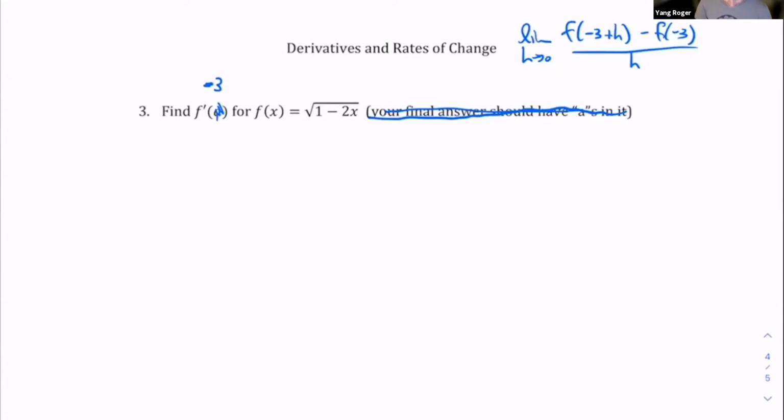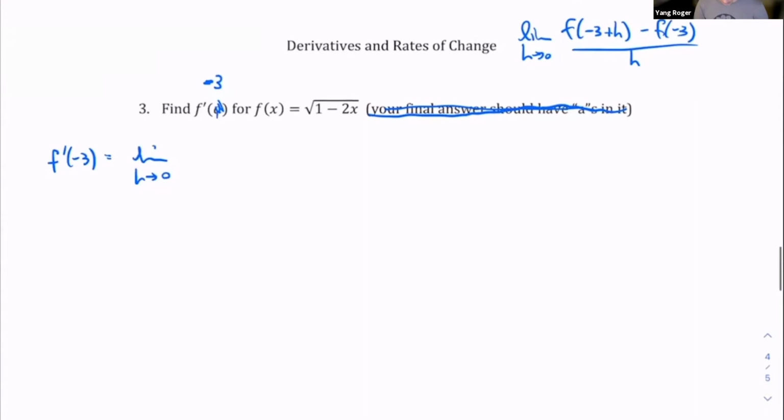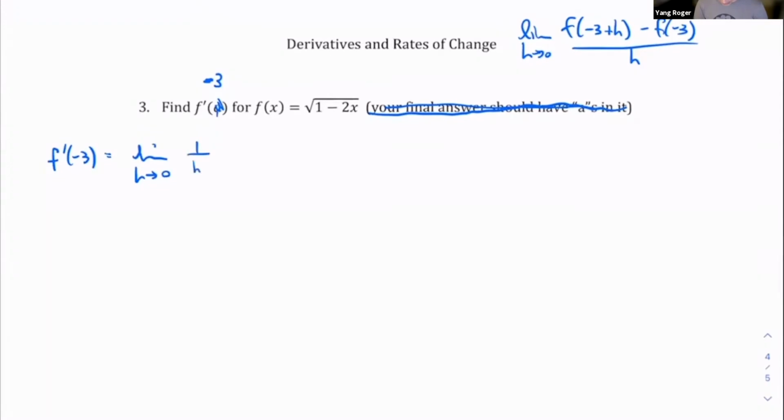So when I go to write down what that means, f prime of -3 is going to be the limit as H goes to 0. Oh, you know what, this time maybe I won't do that fractional thing. Let me write it with the long fraction here.